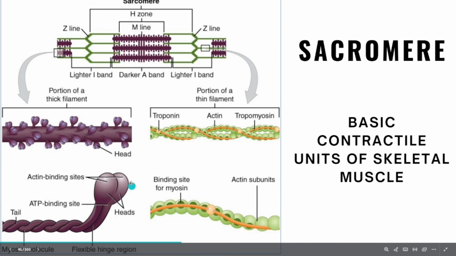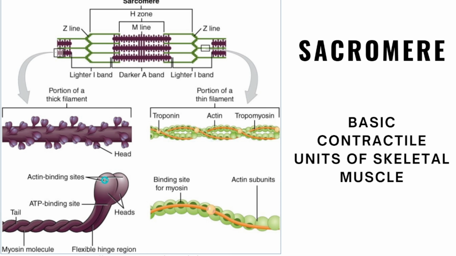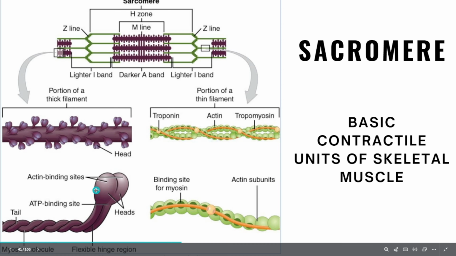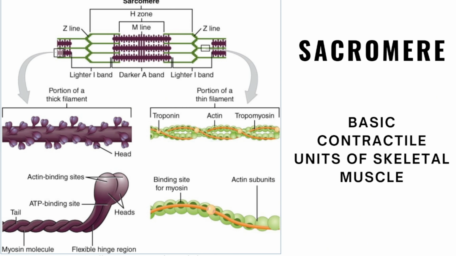The myosin rod adheres to the tail of other myosin, binding together within the thick filament. The myosin head can bind with ATP and hydrolyze ATP. It also contains the actin binding site, where it binds to the actin filament to form cross-bridges. So the actin binding site and ATP binding site are very important during muscle contraction.